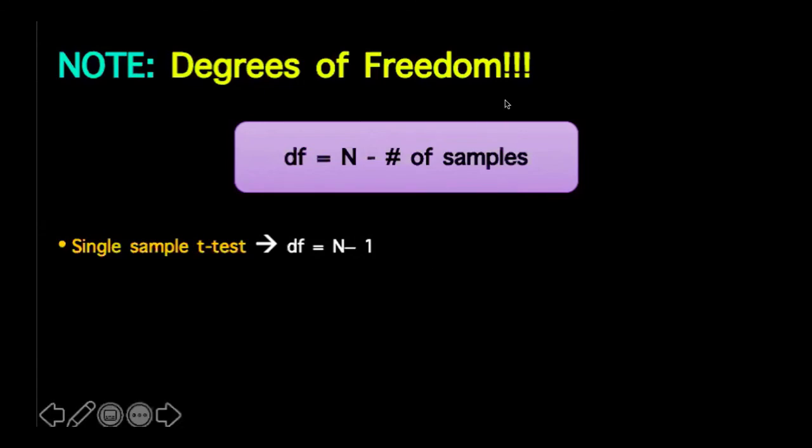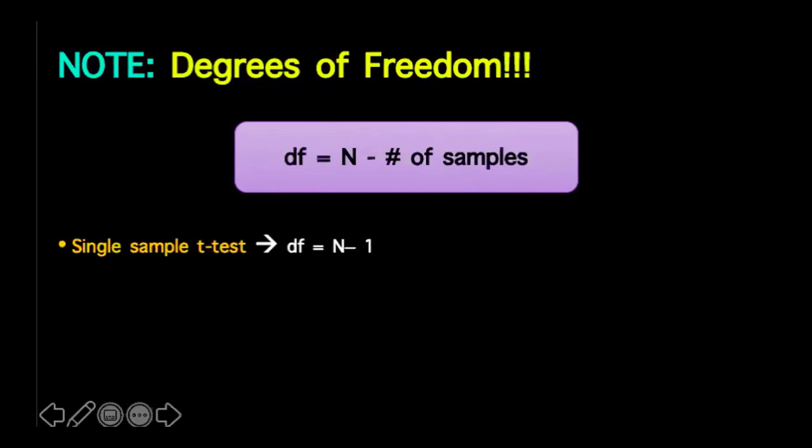But we also have degrees of freedom. So last week, when we looked at the t-table, we calculated degrees of freedom by taking the sample size minus however many variables we were working with, right? This week, degrees of freedom are going to be calculated based on the number of samples.